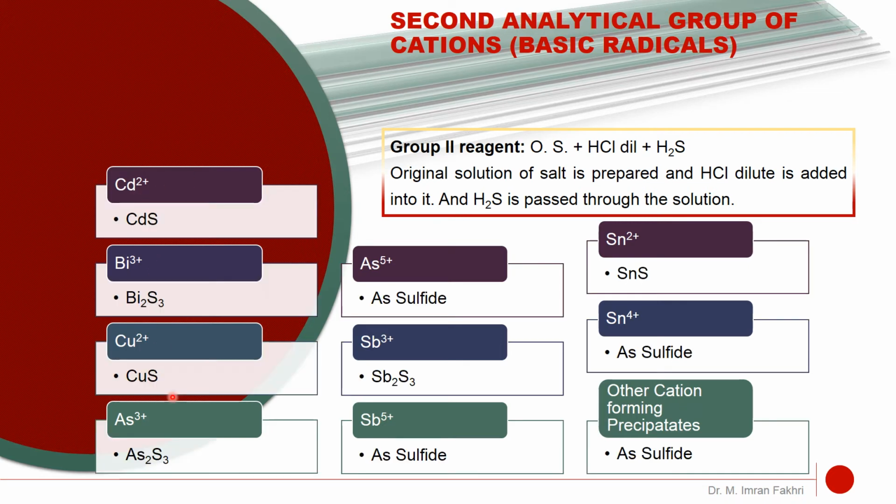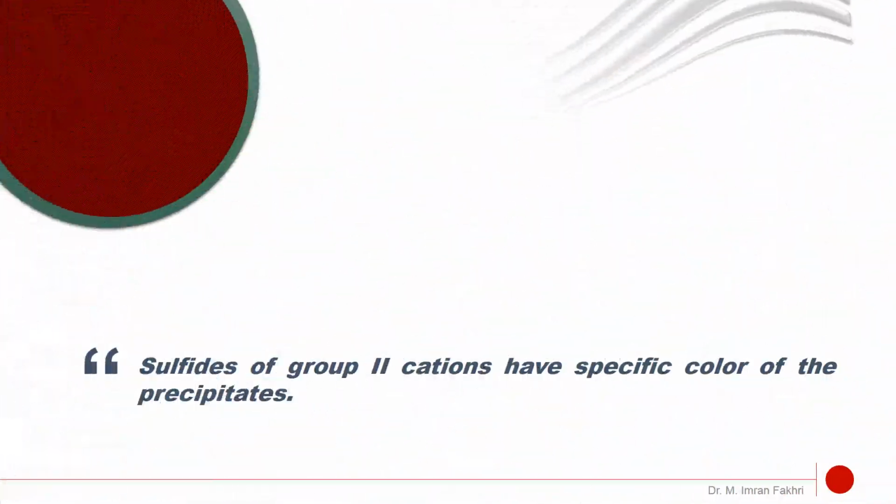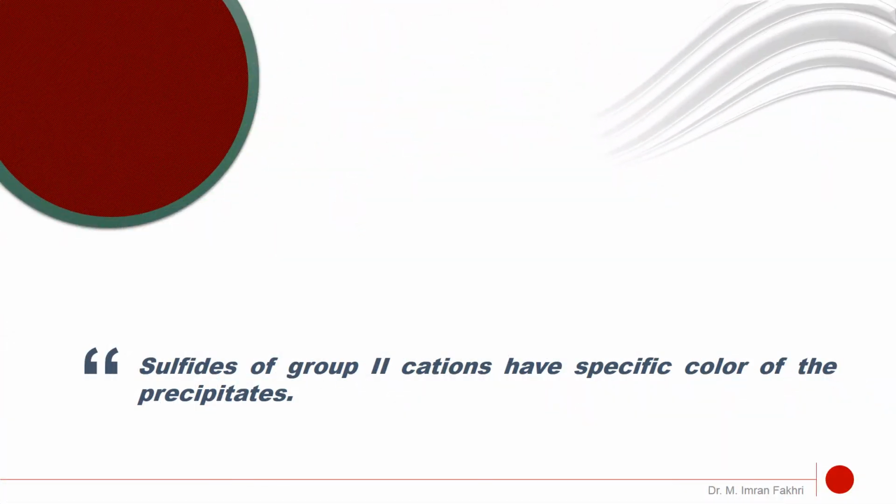These all are going to show sulfides which are insoluble in water, and they may have different color precipitates. Sulfides of group 2 cations have a specific color of their precipitates.